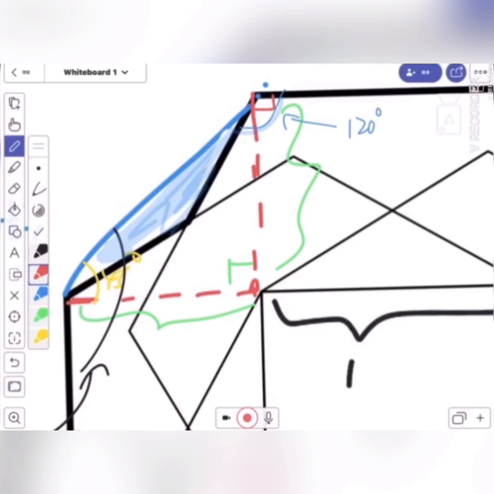And what is the angle drawn by the green? This is 135 degrees. So therefore, this angle here is 15 degrees. And since because of symmetry across this line, this angle is also 15 degrees.